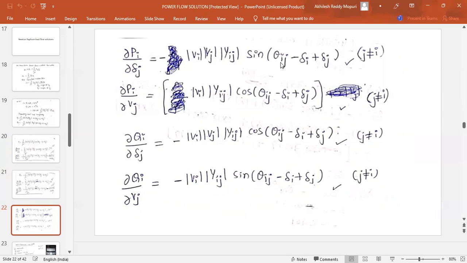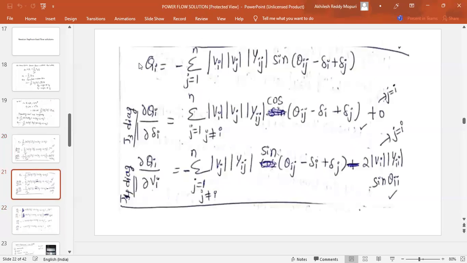When j is equal to i, it becomes del i plus del i minus del i, which cancels and becomes 0. Whenever you are differentiating P or Q of the ith bus with respect to the jth bus, that jth bus will be the only bus in the summation. Other terms will be 0, so the summation won't be present.